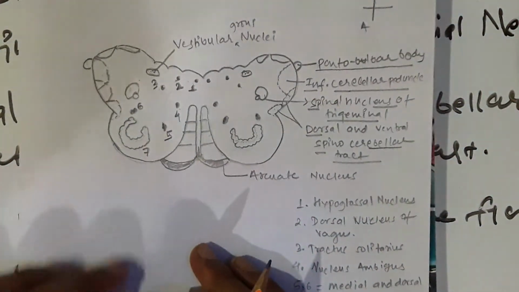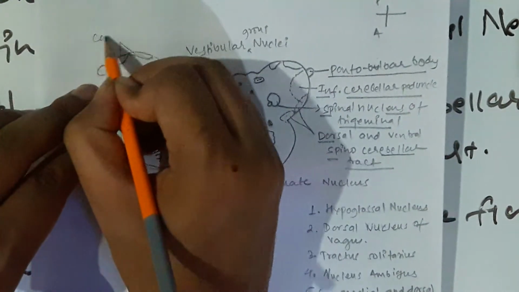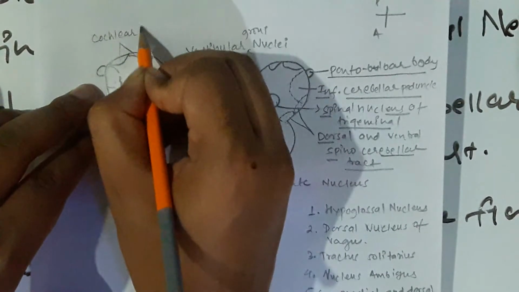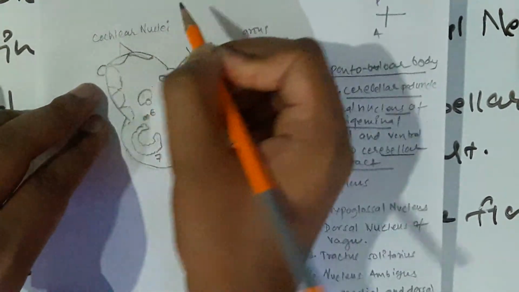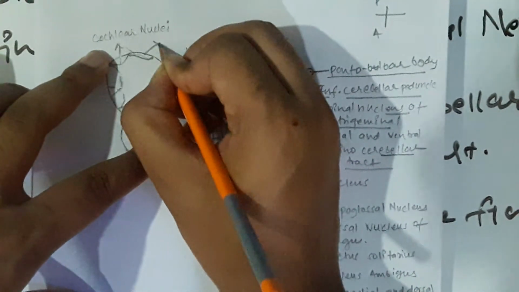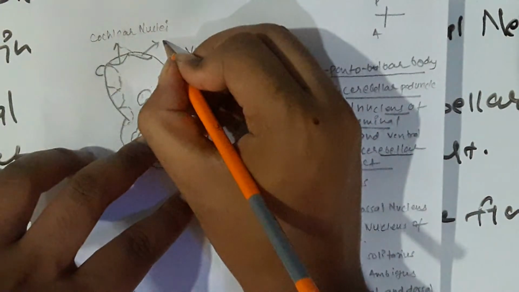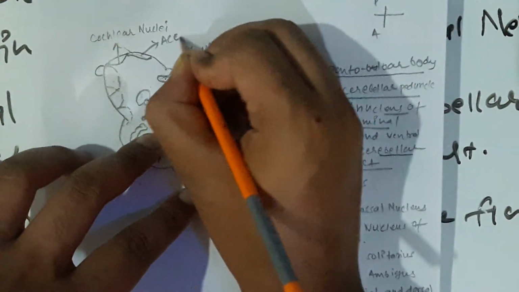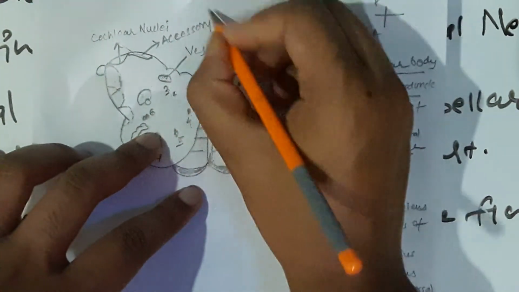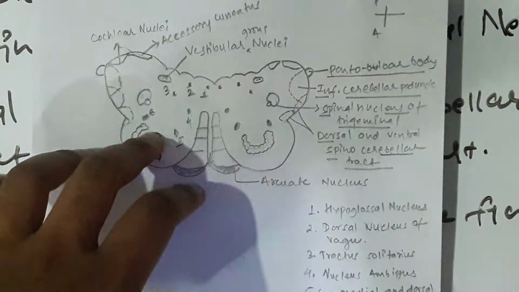Then these are the cochlear nuclei. This one is the accessory cuneate nucleus, and this is the cochlear nuclei.